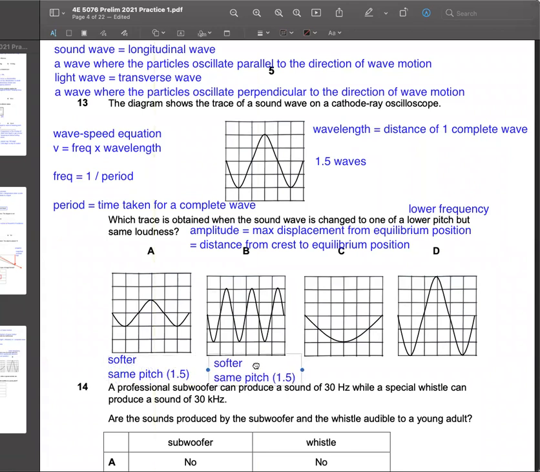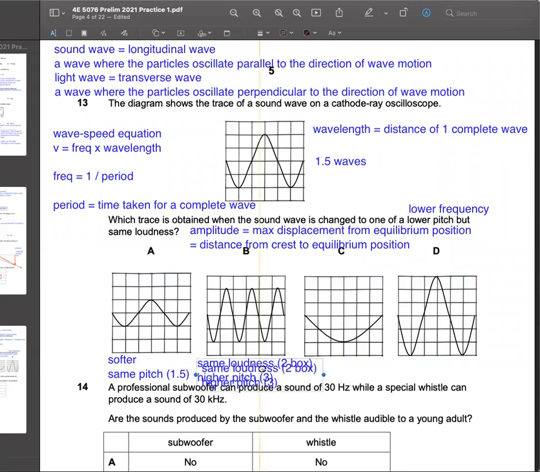B is louder? No, the same loudness, because the amplitude is the same. Then the pitch is higher. How many waves? 3.